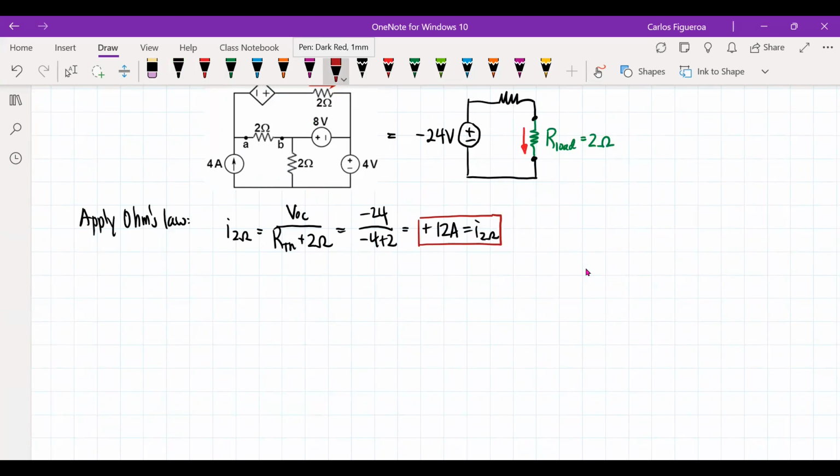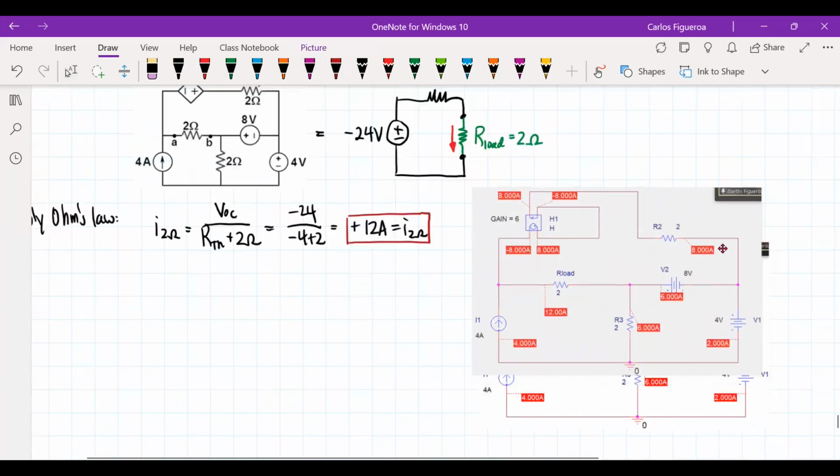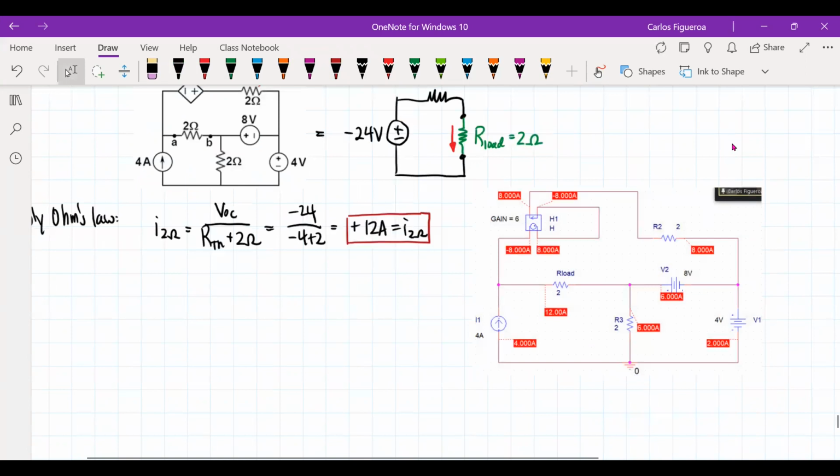Now, what I did here is I ran PSpice to see if this answer is correct. So if I look at my PSpice results, here's my PSpice circuit, and the result shows you that I have a current that flows like this.